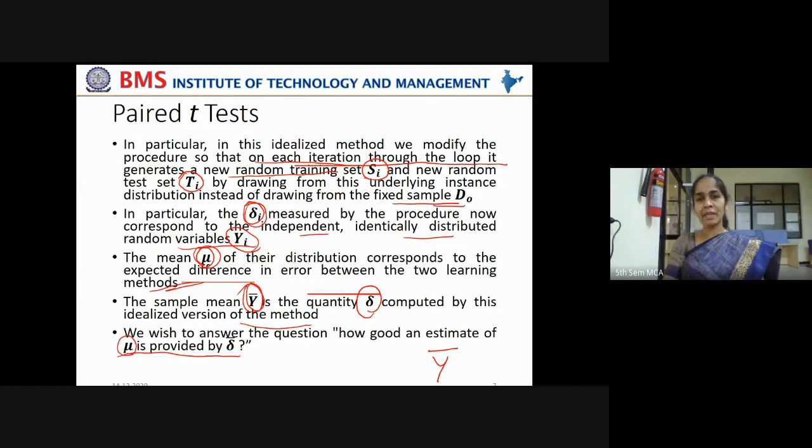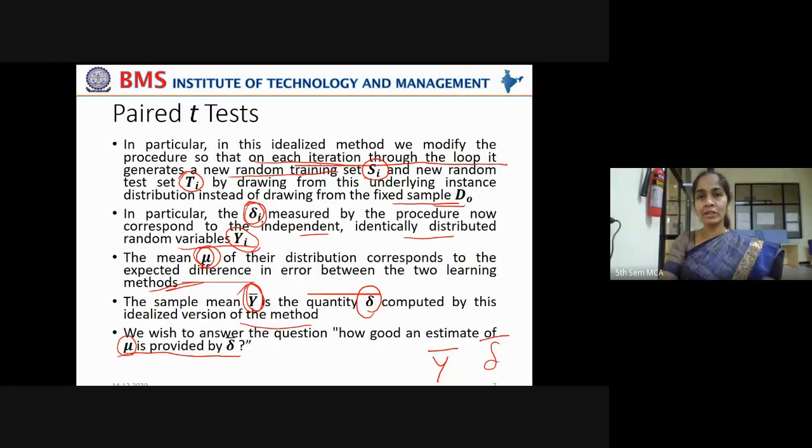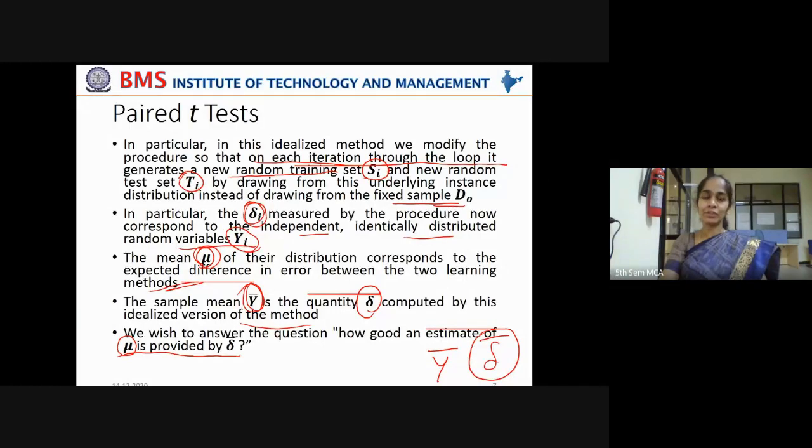You perform that experiment many times. That will give you delta 1, delta 2, delta 3, and so on, all the errors across the experiments. Now add up all the errors and find the average; that will give you the mean error delta bar. The question is whether this delta bar is following a normal distribution, whether the distribution of errors between the two learning algorithms is following a normal distribution or not.